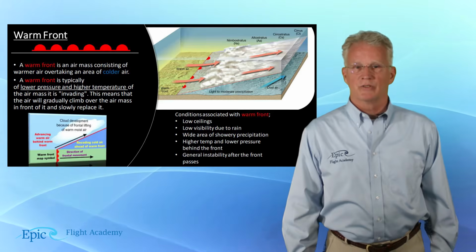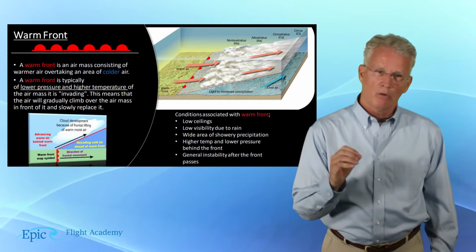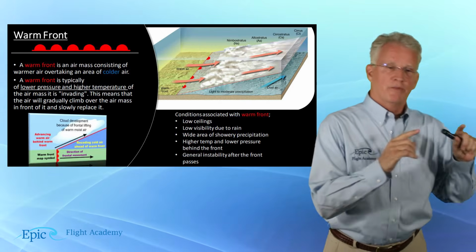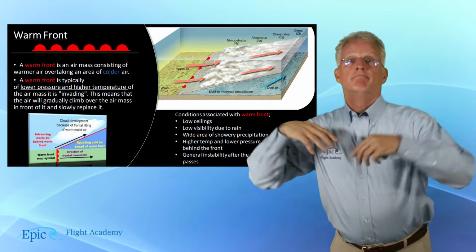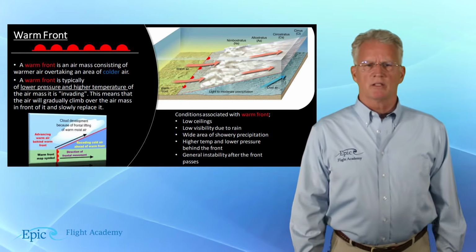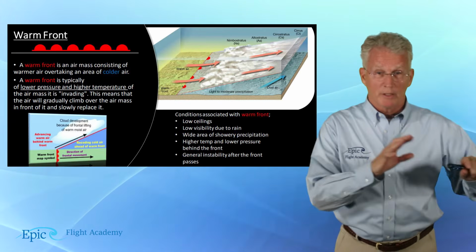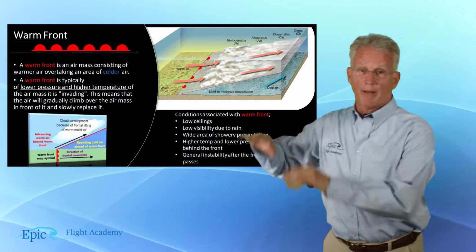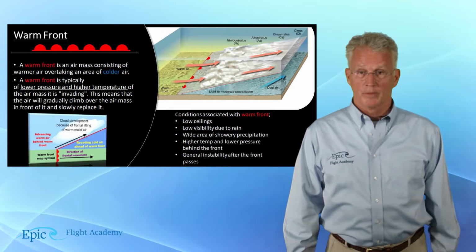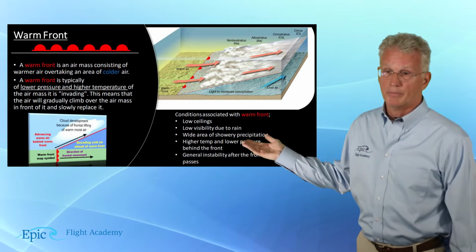A warm front is typically of lower pressure and higher temperature of the air mass that it is invading or overtaking. This means that the air will gradually climb up and over the top of the cooler air in front of it. You can see that in the diagram.